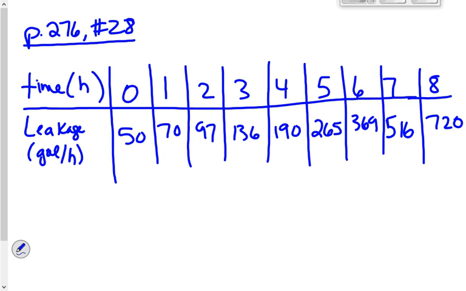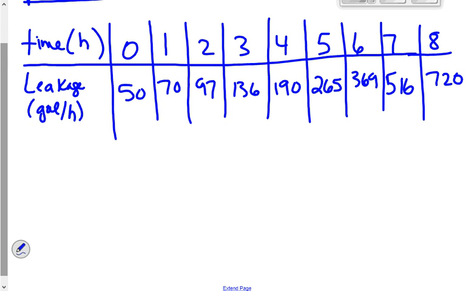You don't necessarily need to copy the table. You have yours in your book, but I can't point at it when it's in the book. Okay, so is this a straight line? How do you know it's not a straight line?